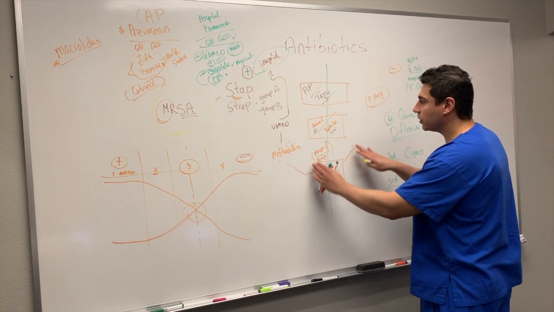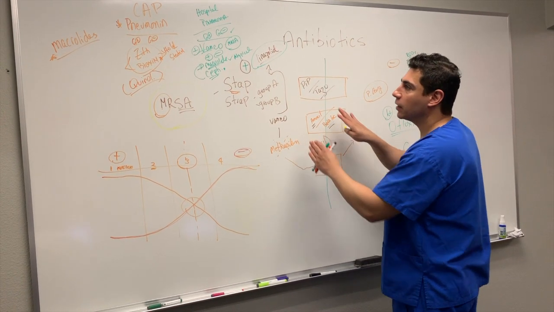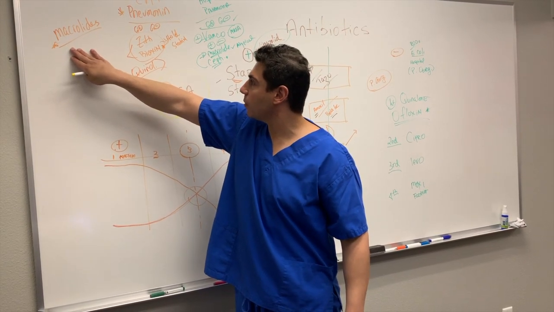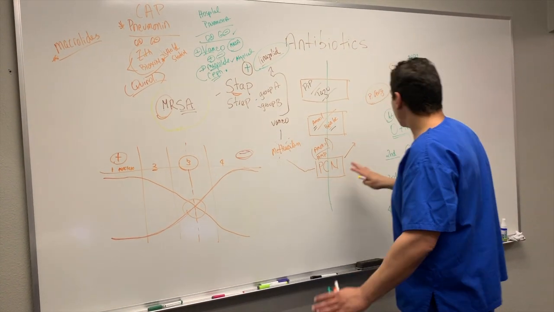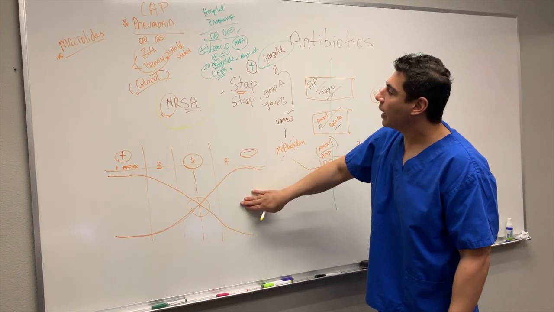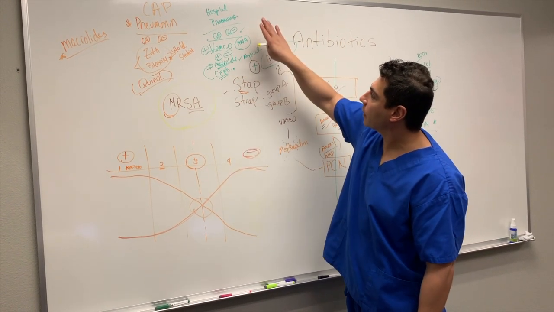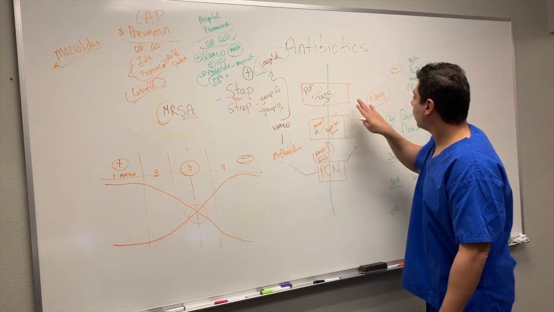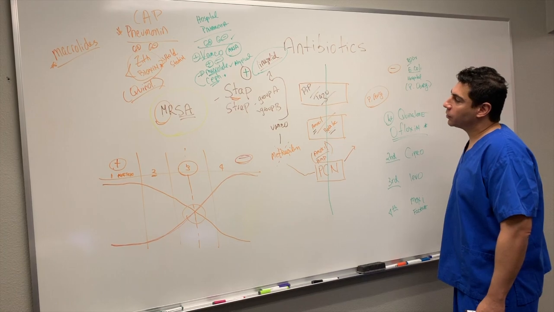So you can do penicillins or augmentin in an outpatient setting, macrolides for upper respiratory bronchial infections, pneumonias. And then you want to advance to cephalosporins, and in the hospital setting, you want to look at vancomycin, piptazo to cover both gram positives and gram negatives.